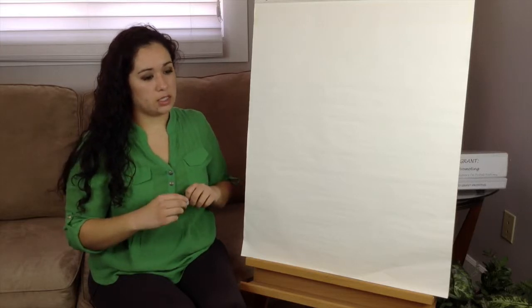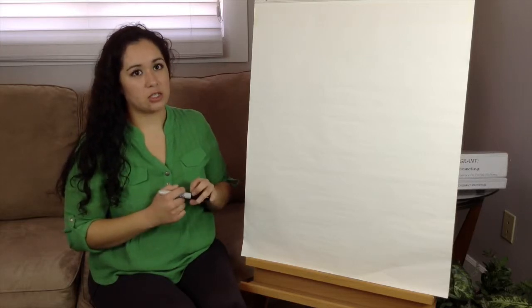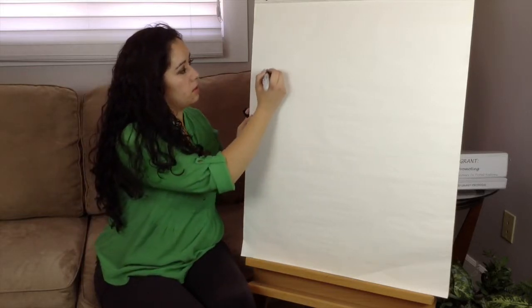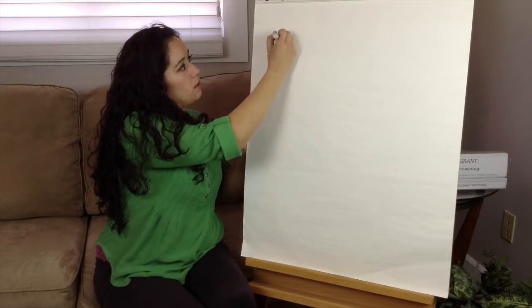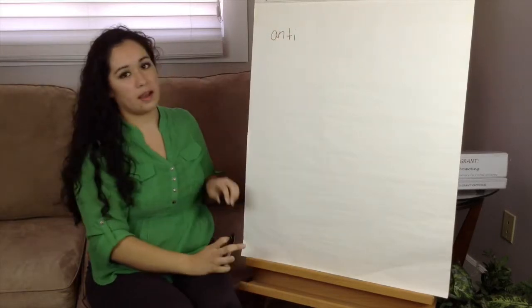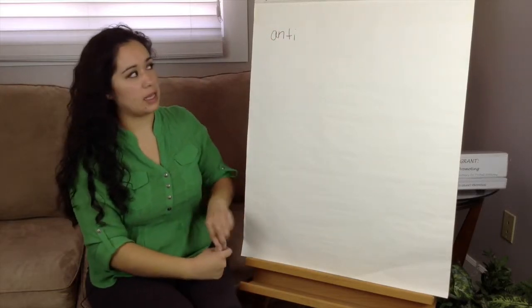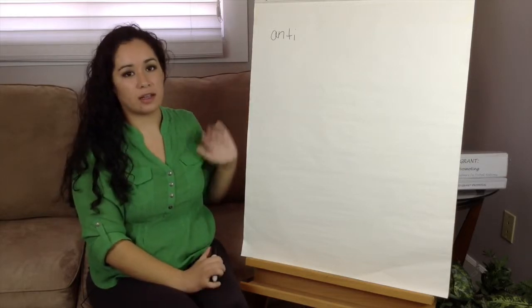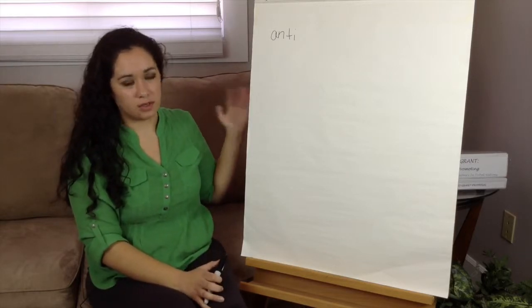For instance, in English, anti would be considered a root, and that just means like against: antibiotic, anti-Semitism, or things like that.